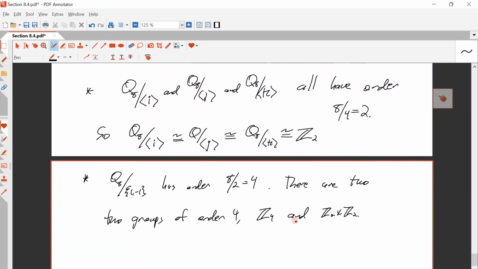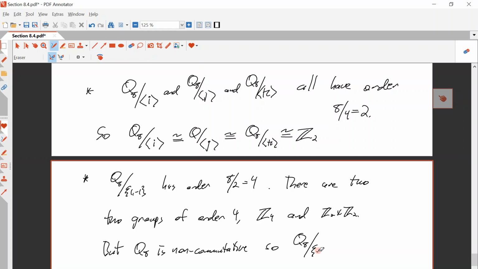But Q8 is non-commutative, so you remember that theorem from section 8.3 on the video lecture: the quotient can't be cyclic.